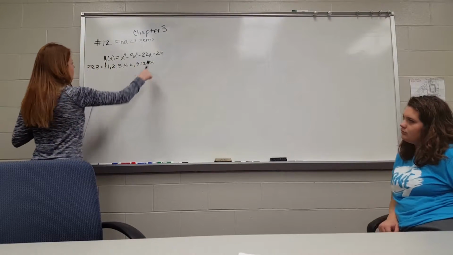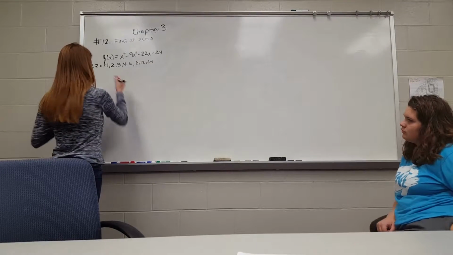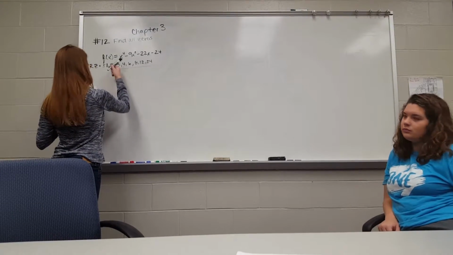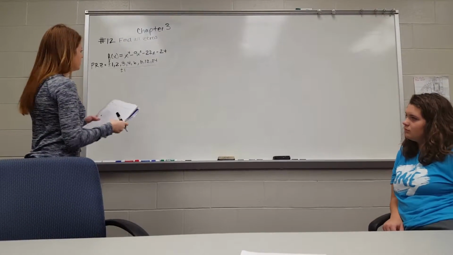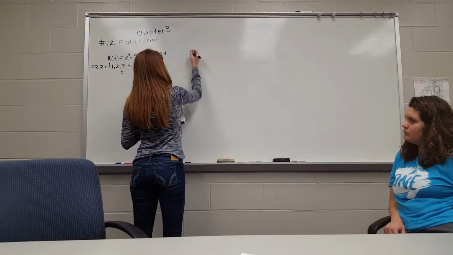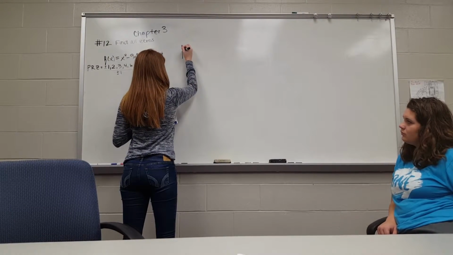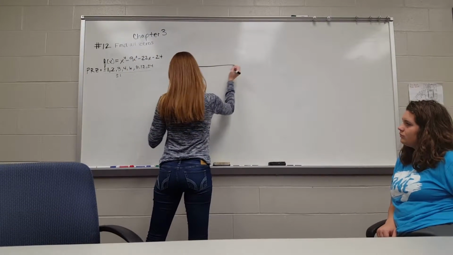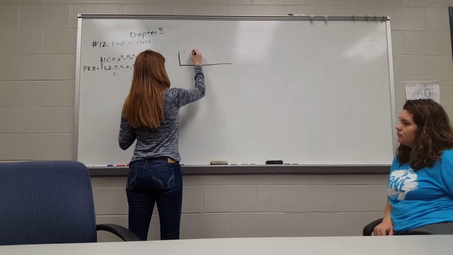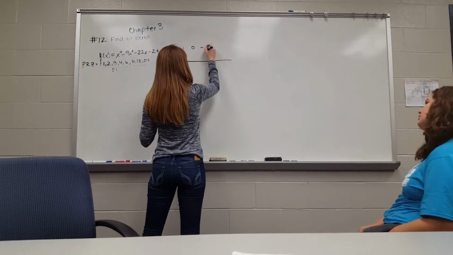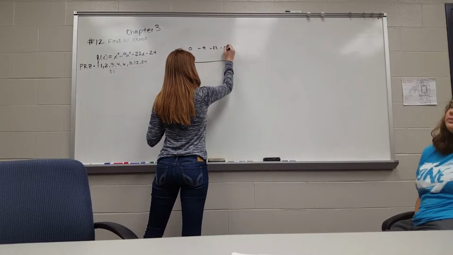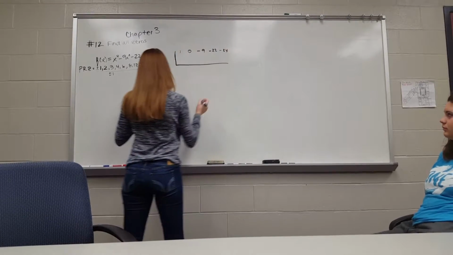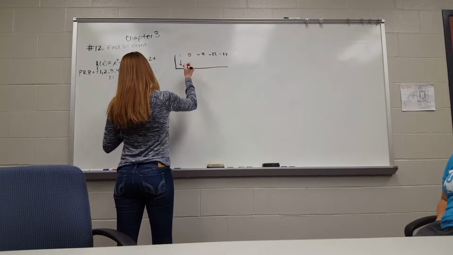And those are all the numbers that go into the negative 24. And then divided by the numbers that go into the leading coefficient. And then you do synthetic division. You bring down the first number.